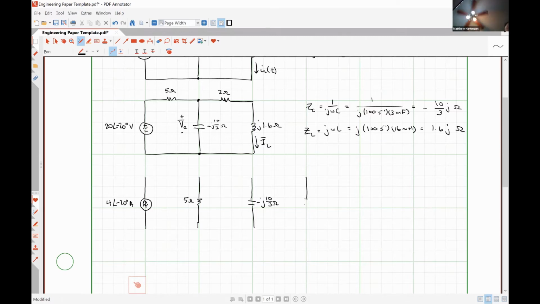Here we have our inductance, and I'm going to do what you suggested there and combine those two inductances, or excuse me, those two impedances. So I'm going to use a generic circuit element, and I'm going to call this 2 plus j 1.6 ohms.